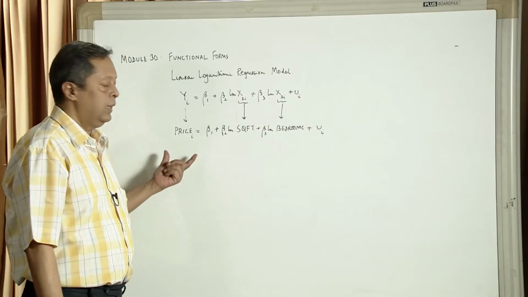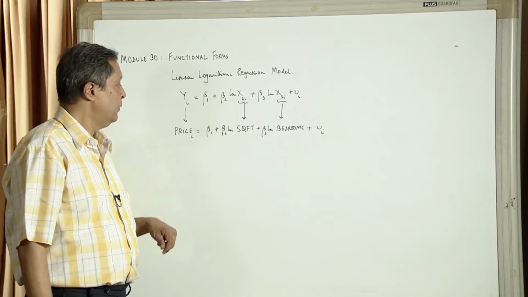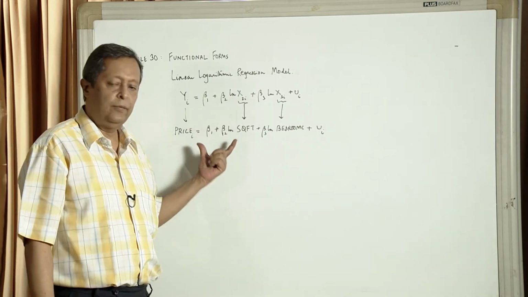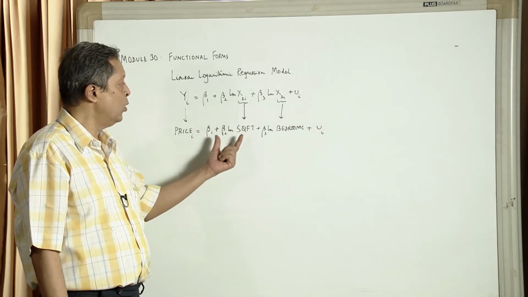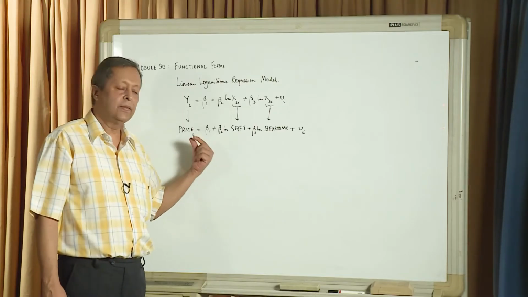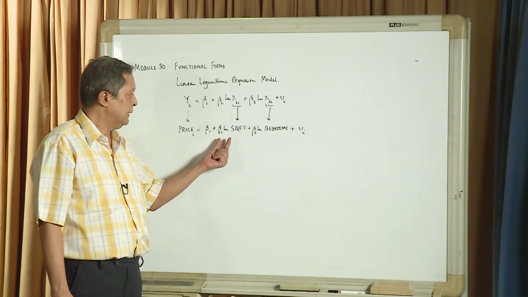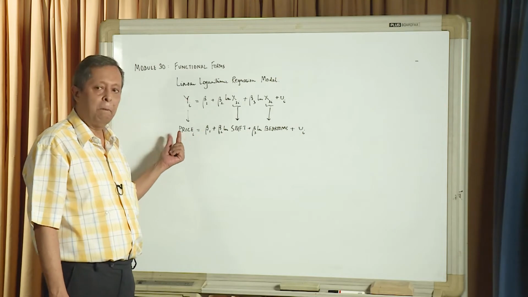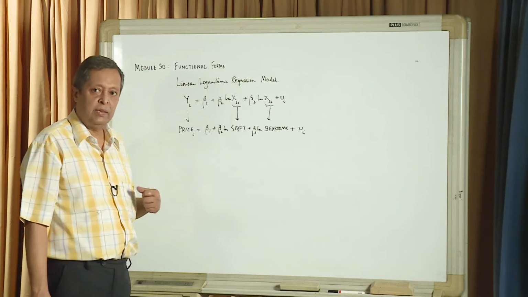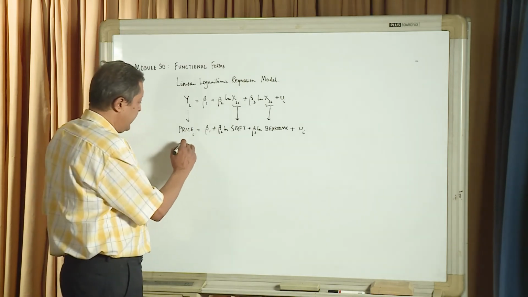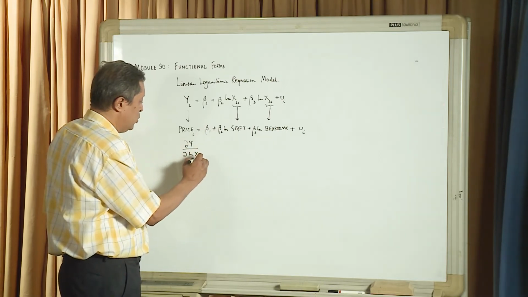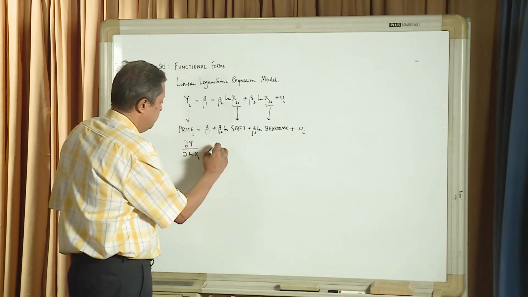This model has an advantage over the model where we regress y on x2 and x3. The reason is, if we take any one variable, suppose we take only square feet, we will be able to see that if there is an increase in the square feet measure, then the price increases, but it increases by smaller and smaller amounts. Let us see why. If we take the derivative del y del log x2, then we obtain beta 2.